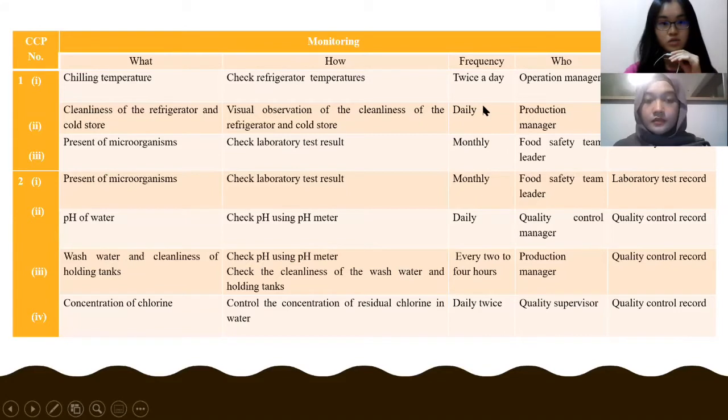Then the production manager will have to monitor the cleanliness of the refrigerator and cold store by visual observation of the cleanliness of the refrigerator and cold store. This will be done every day and the record will be kept in the process record.